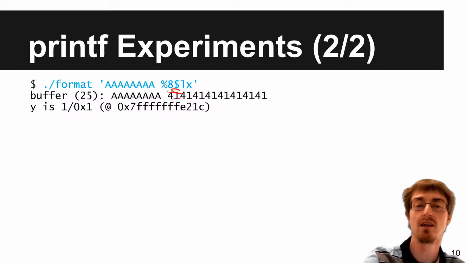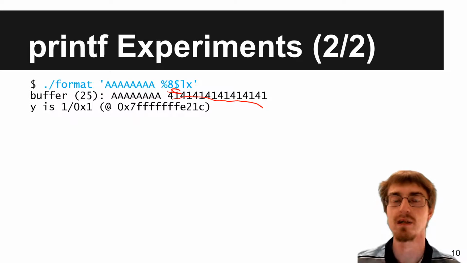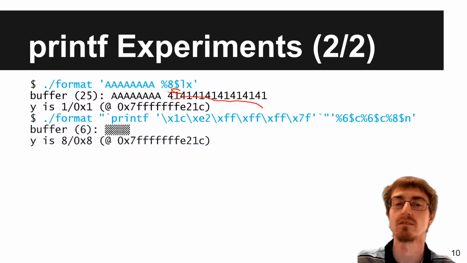And indeed, we do get this output. The percent sign is indeed sending us all the A's. So it means that whatever is in the format string ends up, as a result of the format string, I should say, is also visible as a parameter through the stack. This is very interesting.